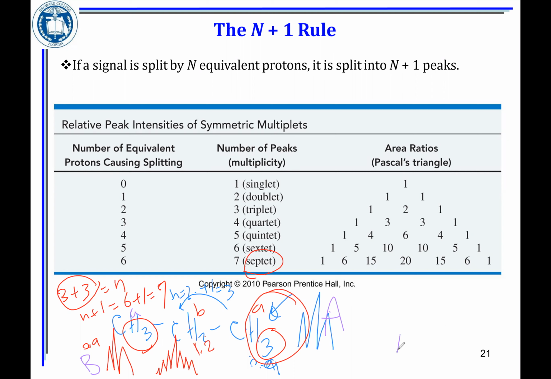It's going to appear in the same location. The only difference is that the height, the intensity, is higher. So peak A and peak B are combined: A plus B, same location, higher intensity.